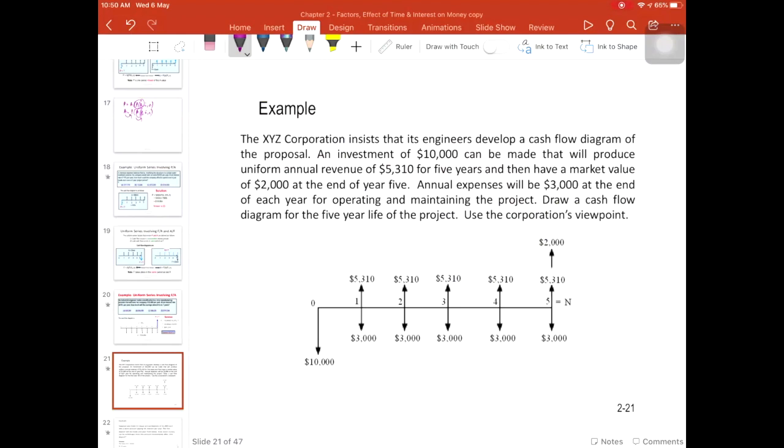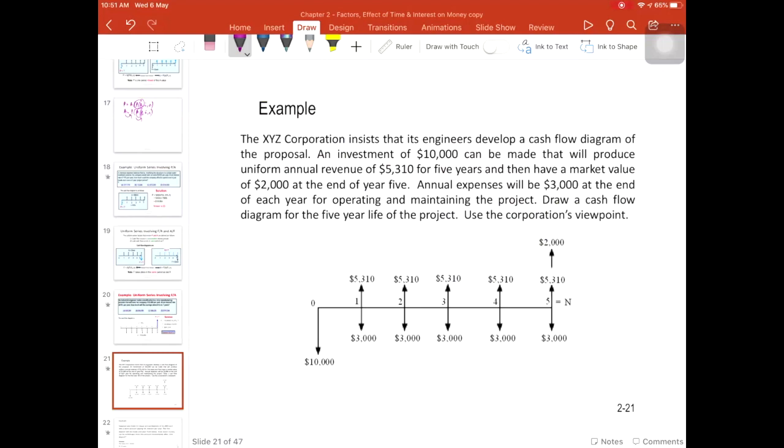Expenses is an outflow, same from year 1 until year 5. So the arrow is below, ke bawah. And then the other information here: you get a market value of 2,000 ringgit at the end of year 5. That means in year 5 you get another extra money, 2,000 ringgit.